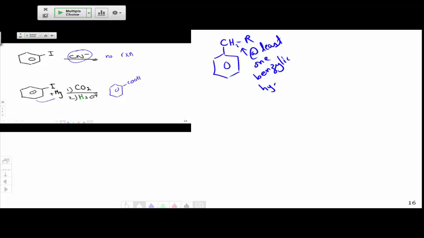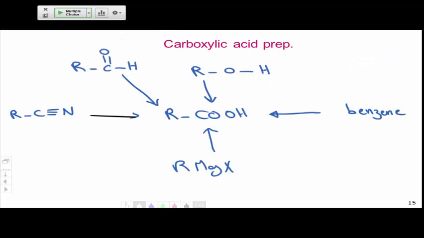And if I add KMnO4, H plus or heat, that will end me up with the benzoic acid. So in other words, there are other methods to prepare benzoic acid, but cyanide is not one of them.